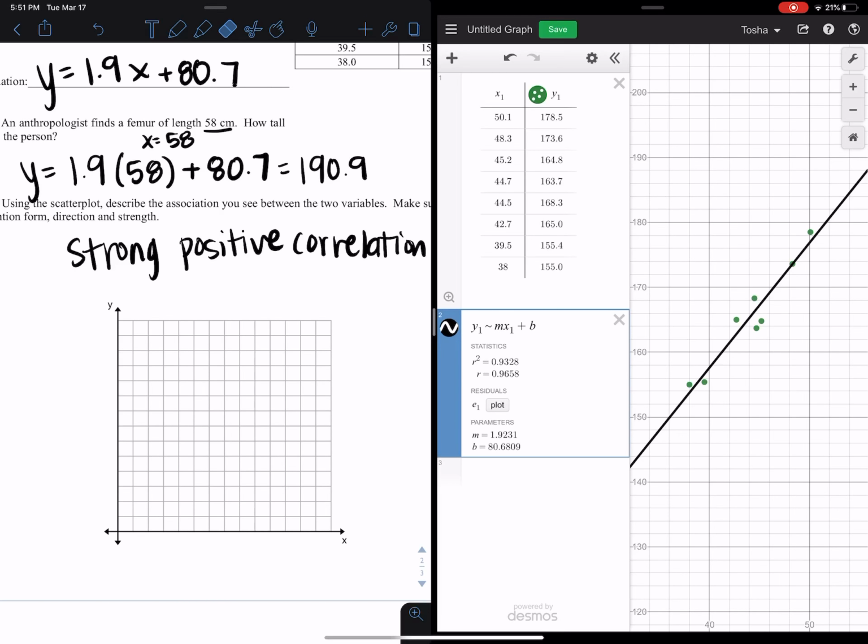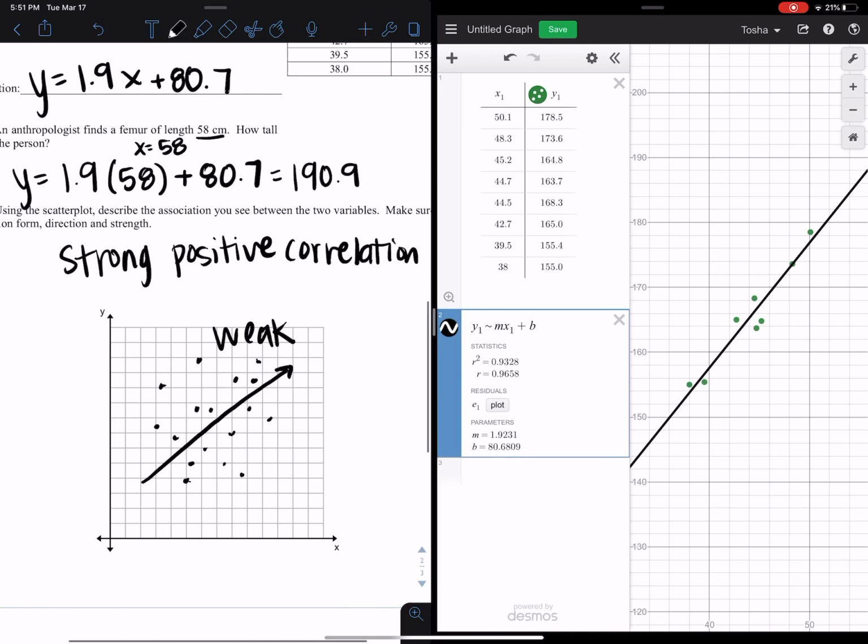But if it was more spread out, like if we had points all the way over here, like this, that would be a weak correlation because the points are more spread out from the line. So that's the difference. And we'll review that again in the next lesson.